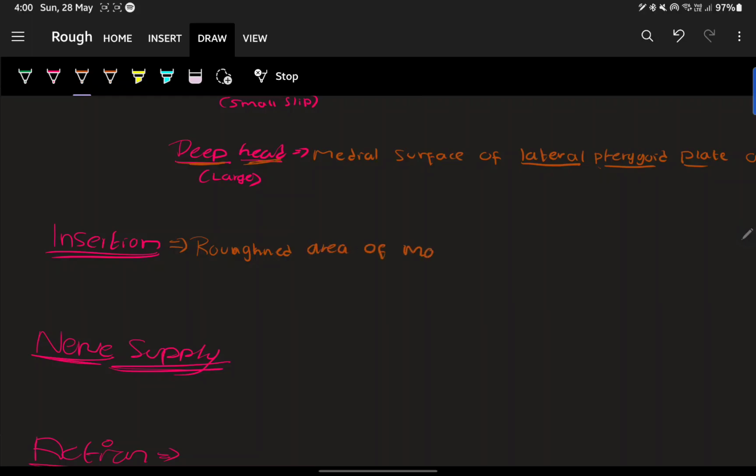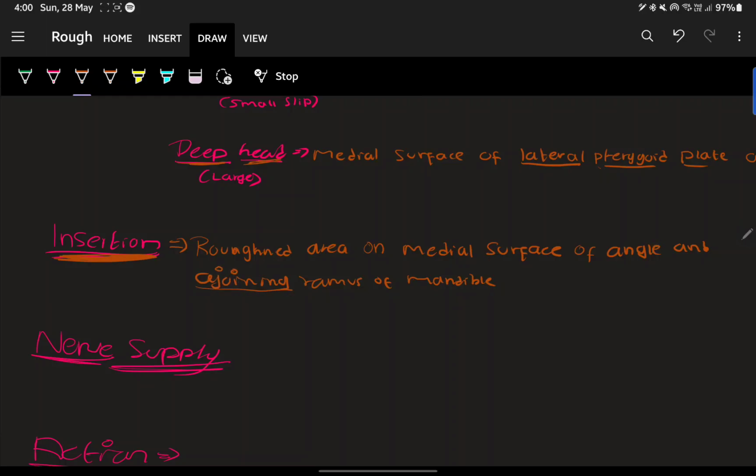Wait, let me just write it properly. Roughened area of medial surface of angle and adjoining. So this is the insertion of medial pterygoid.